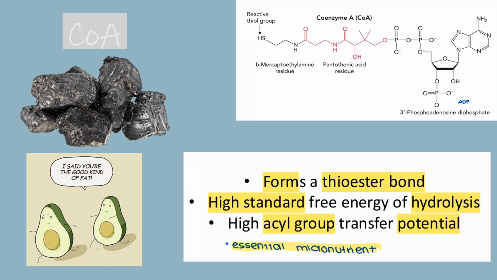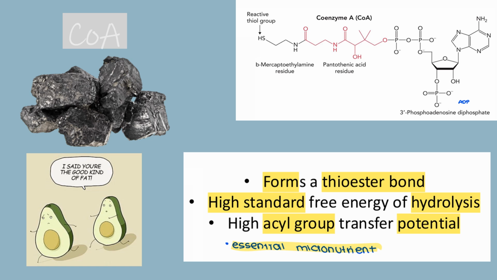And then from here we have a more in-depth structure of what coenzyme A essentially is. On our left side we have our reactive thiol group, which is what forms the thioester that we see in coenzyme A, which has a high standard free energy of hydrolysis. And then our middle part is our pantothenic acid residue. We've pretty much seen this nice looking structure in our nucleotides, DNA, RNA.